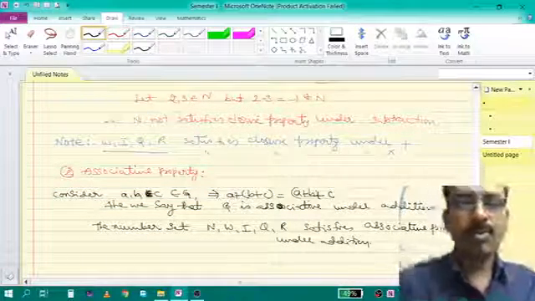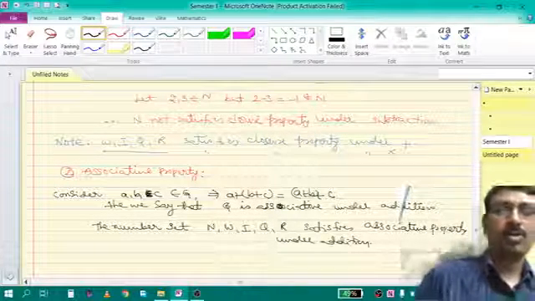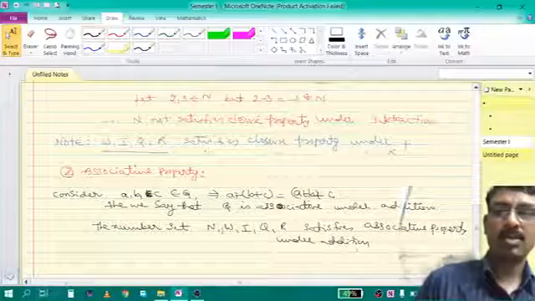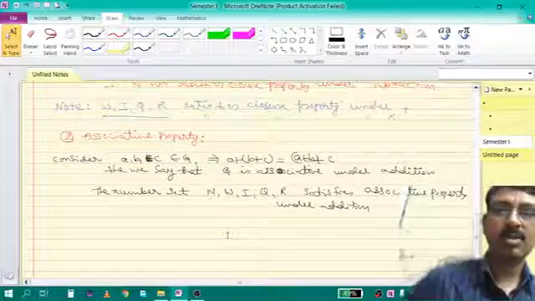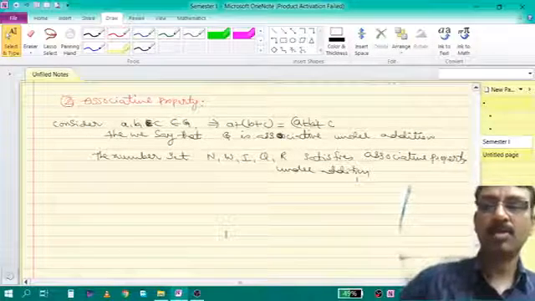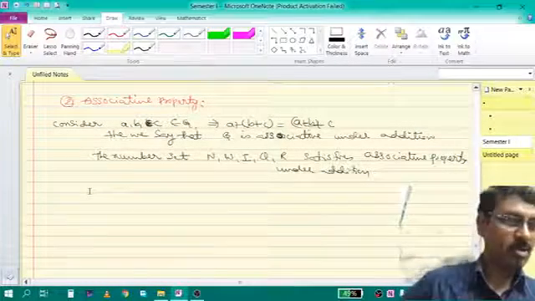So change the operation addition to multiplication. So you check the number sets whether they satisfy associative property or not. So that is your homework.